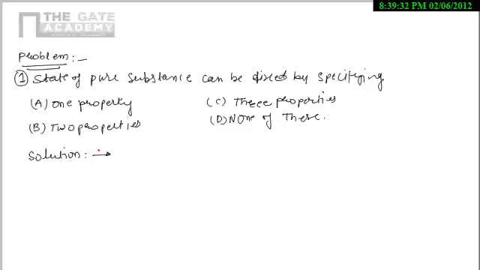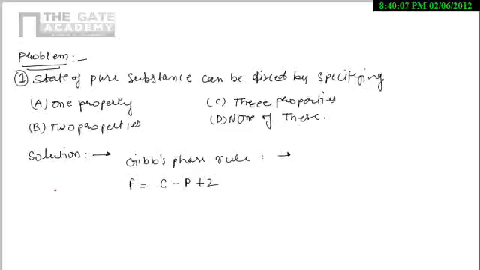So now we are having the Gibbs phase rule. According to Gibbs phase rule, we are having F equals C minus P plus 2. Suppose a pure substance can exist in one phase, two phase, or three phase.